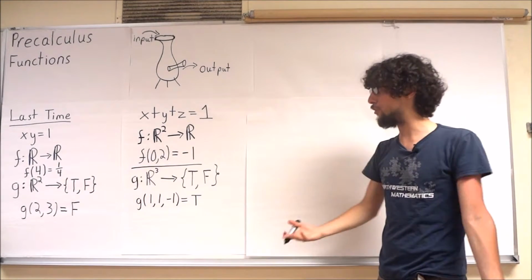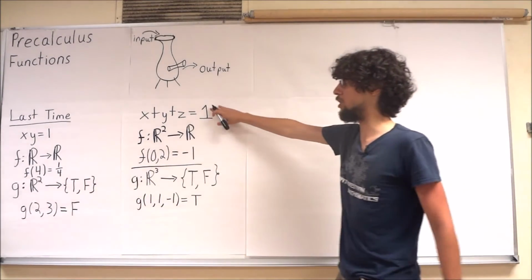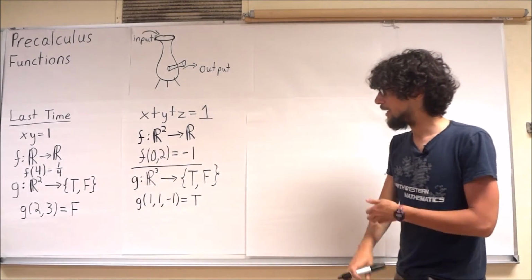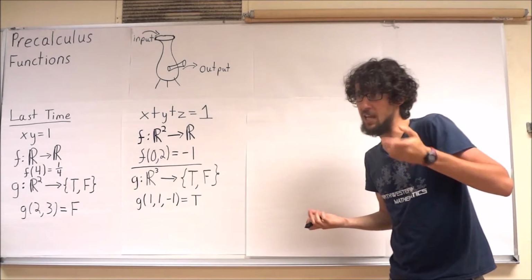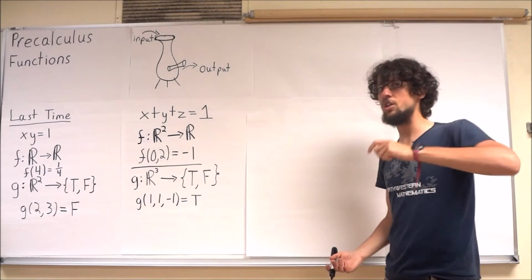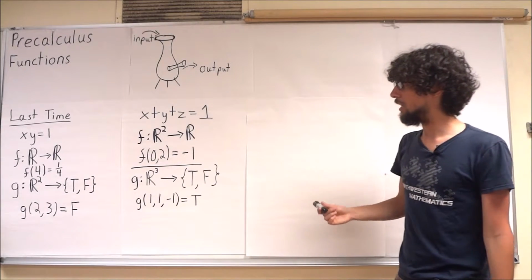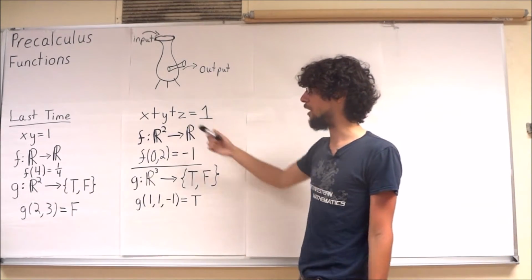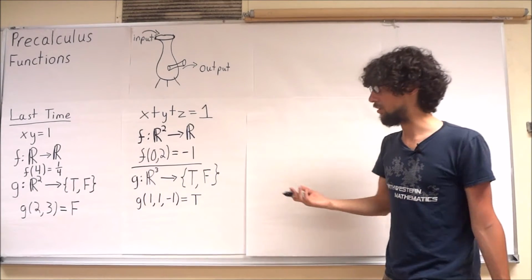Now, I have a third interesting interpretation of this equation as a function. If I input, say, a z value, I get an equation in terms of x and y. In other words, if I input some z value, I actually get some line in the plane.